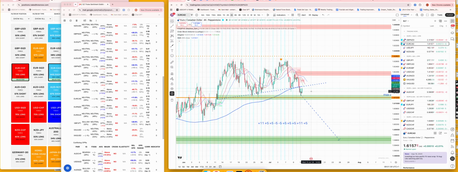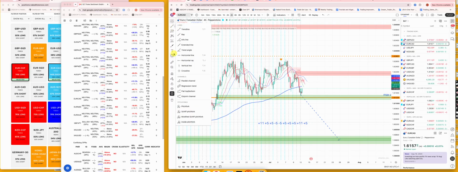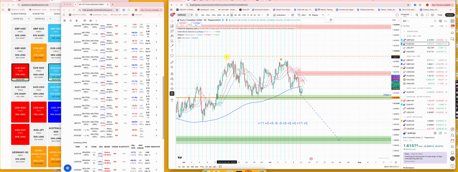What can we say about this chart? We don't have the moving average on the 4 hour. Okay, we're going to get rid of that because it's proved us wrong, because it's come down and tagged this again. But what we do have now is a beautiful box, hence why we'll do that.